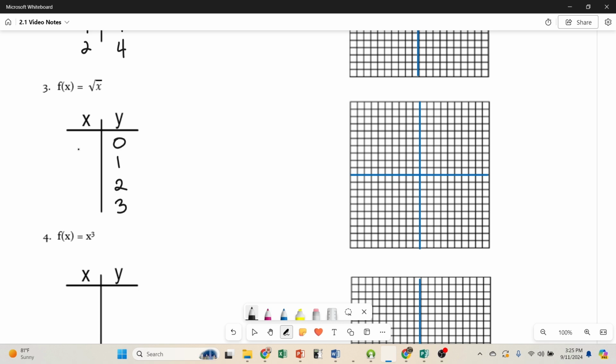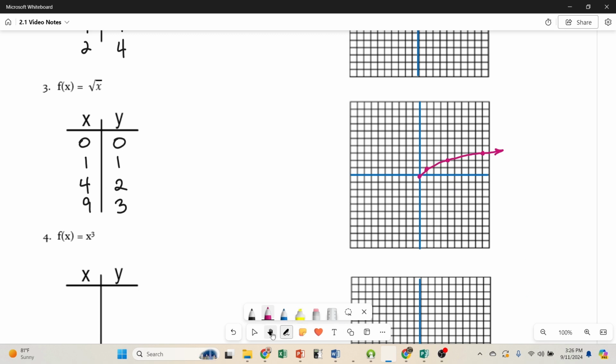So 0 squared is 0, square root of 0 is 0. 1 squared is 1, square root of 1 is 1. 2 squared is 4, so the square root of 4 is 2. And 3 squared is 9, so the square root of 9 is 3. So now I can plot these points: 0, 0, 1, 1, 4, 2, and 9, 3. And here's our graph.